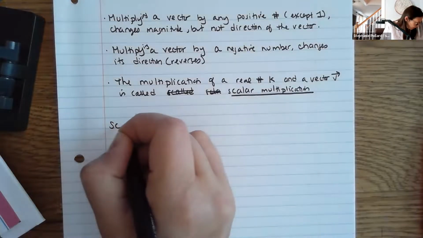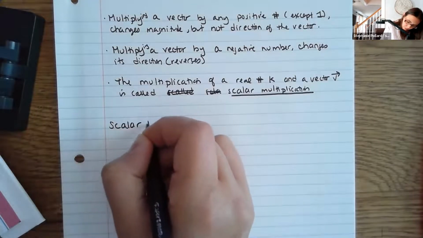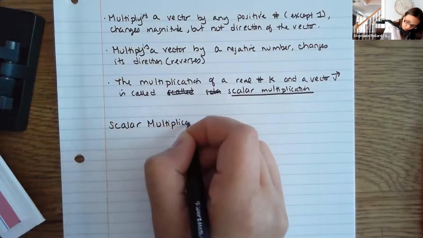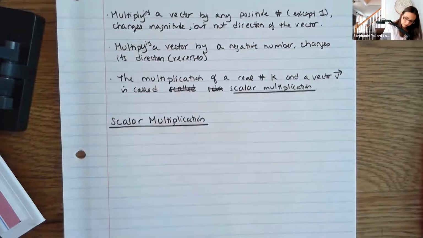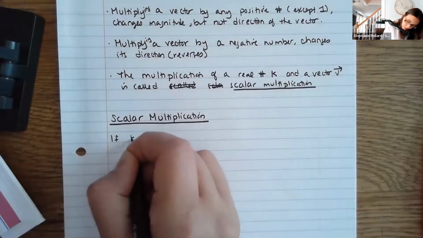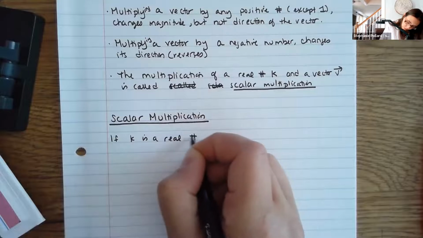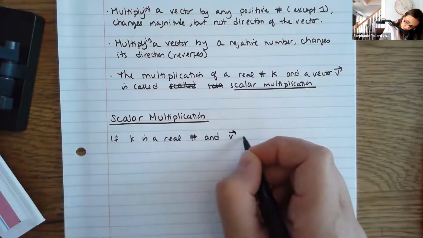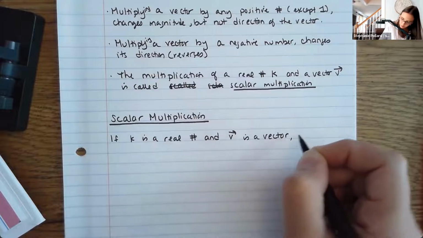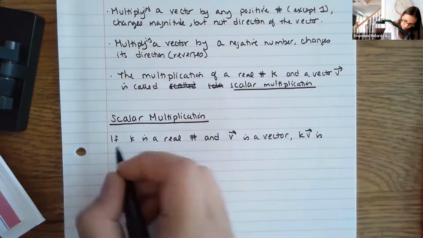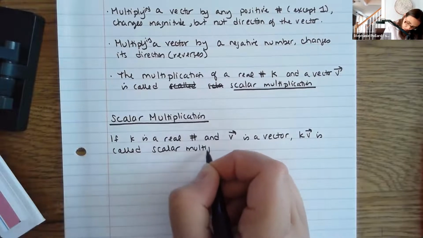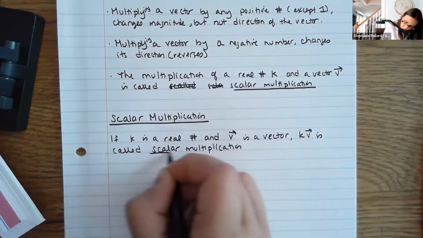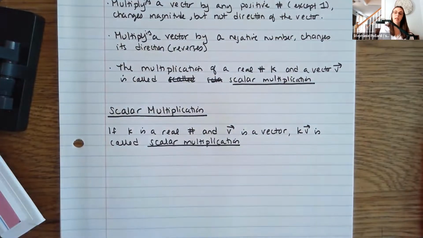So our formal definition: if k is a real number and v is a vector, then kv is called scalar multiplication.